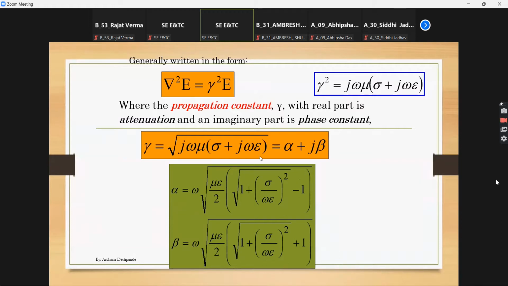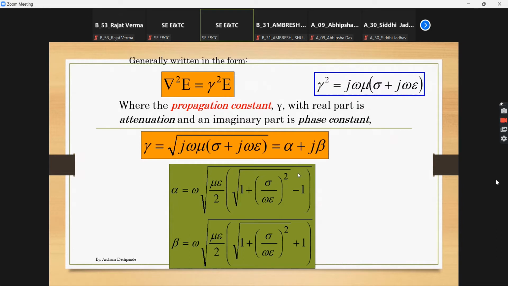So we have done up till now that from the wave equation, which we call the Helmholtz equation, we understood the three terms: gamma, alpha, and beta. Gamma is the propagation constant, which has real and imaginary terms.